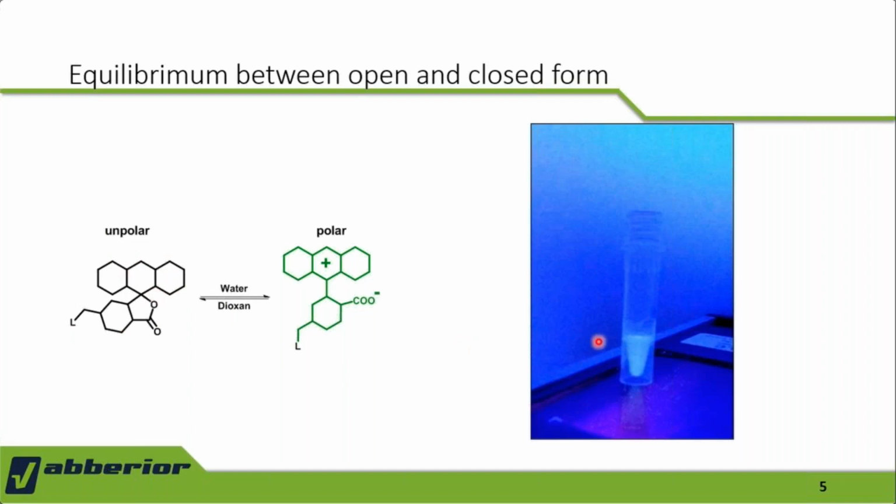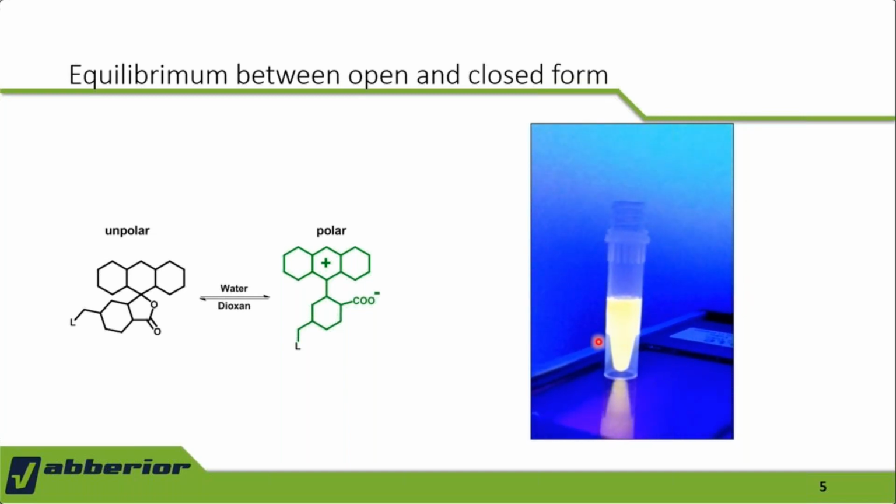But once we go from a nonpolar to a polar environment by adding water to this tube, the equilibrium will shift to the polar, open form, and we see this fluorescent signal.